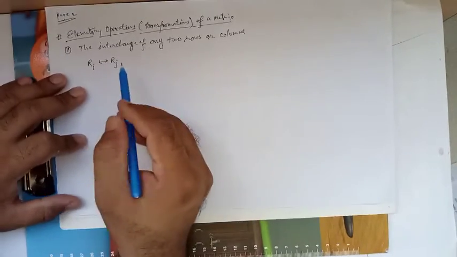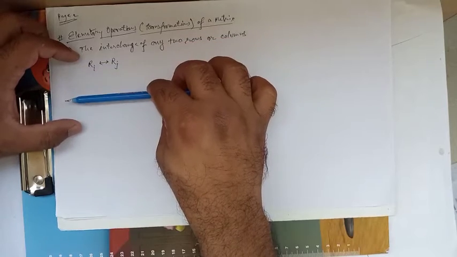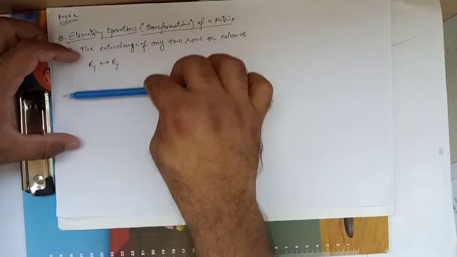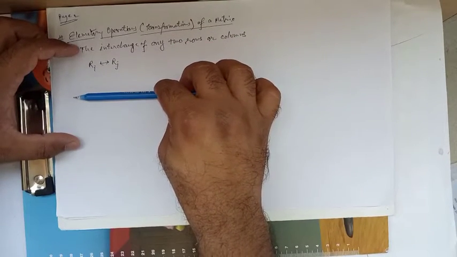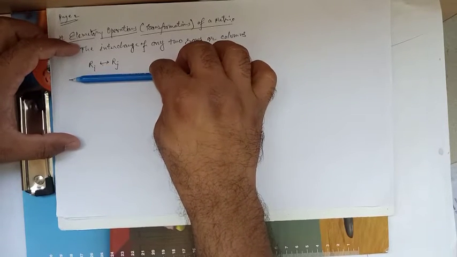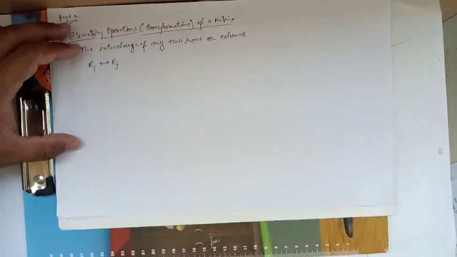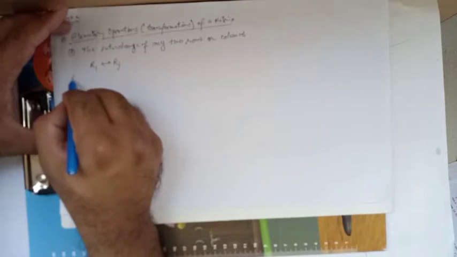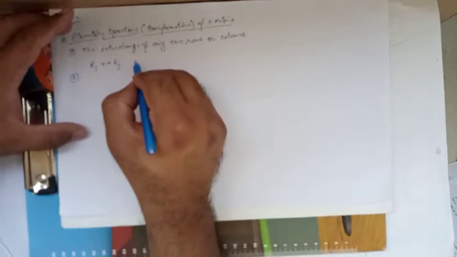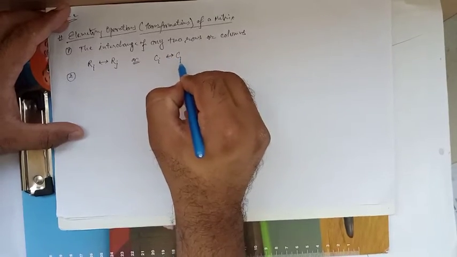So what you are doing is you are changing rows. This is row 1, this is row 2, this is row 3, this is row 4, whatever you have, you are changing likewise. Or also in columns, Ci interchanging Cj. Similarly, column wise also you can interchange it.